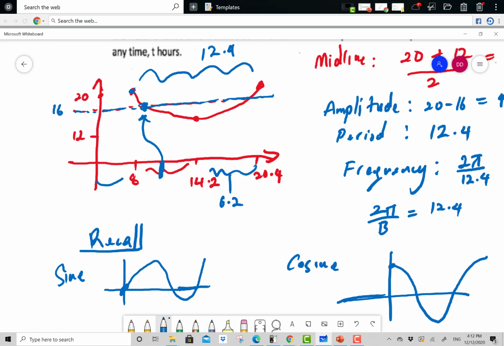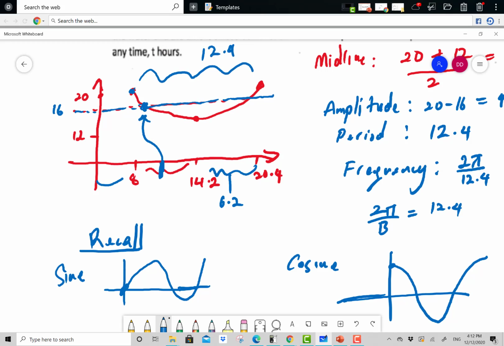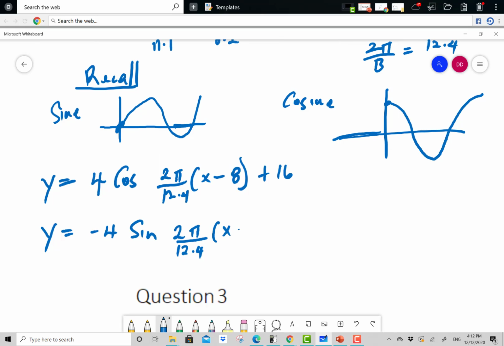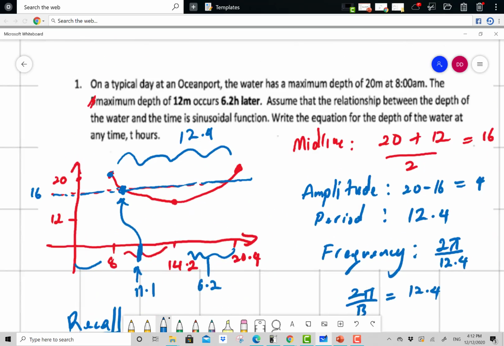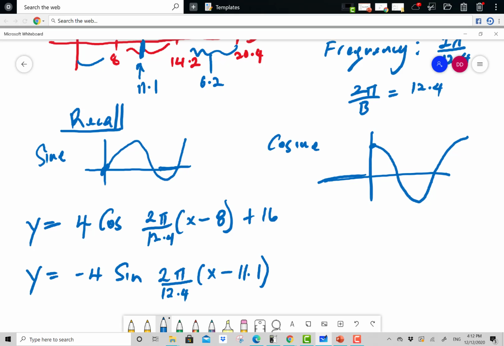To find the midpoint between 8 and 14.2, I'm going to add 8 plus 14.2 and divide that by 2, and that will give me 11.1, the midpoint between 8 and 14.2. So my horizontal shift is going to be minus 11.1. Let me go back up. And my midline here is going to be 16.